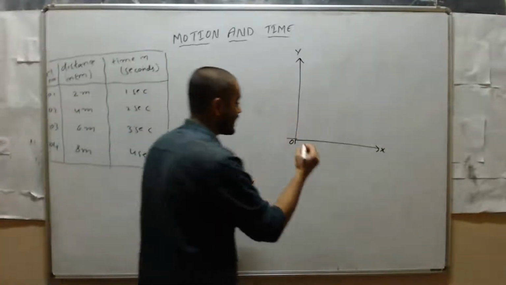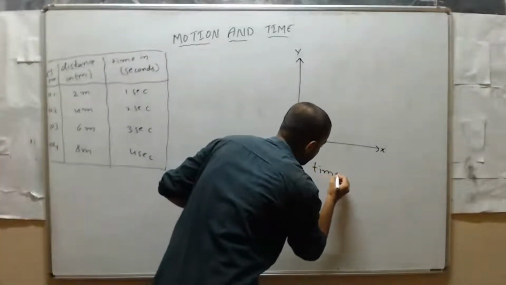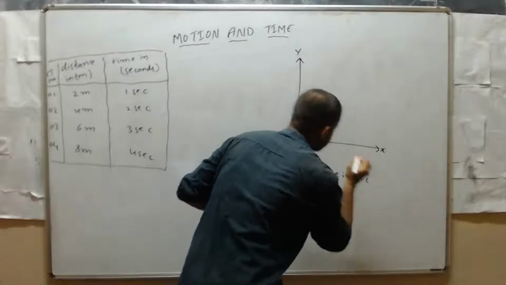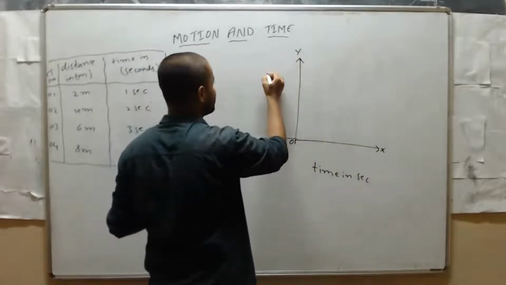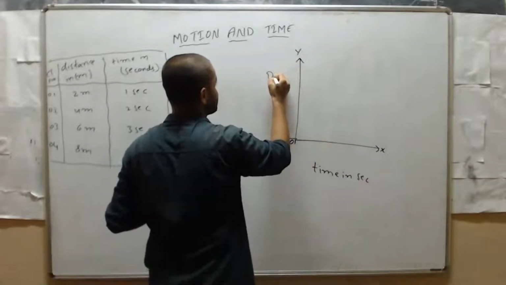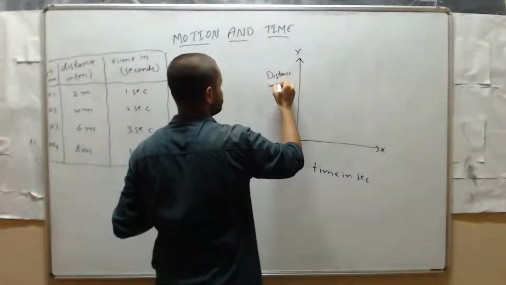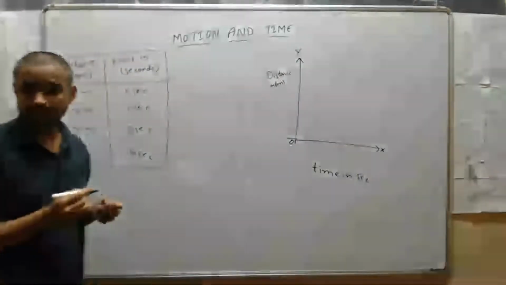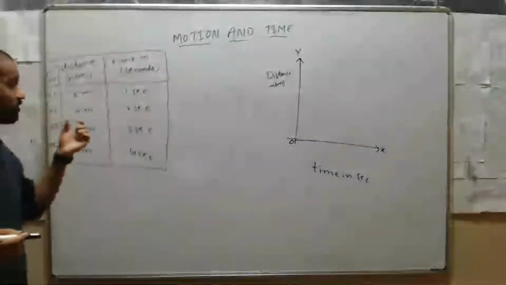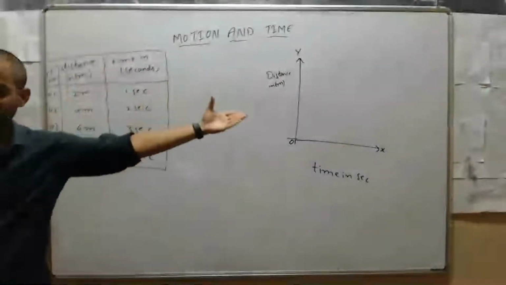In the x-axis I will take time in seconds. In the y-axis I will take distance in meters. Now we have to plot these numbers on this graph.